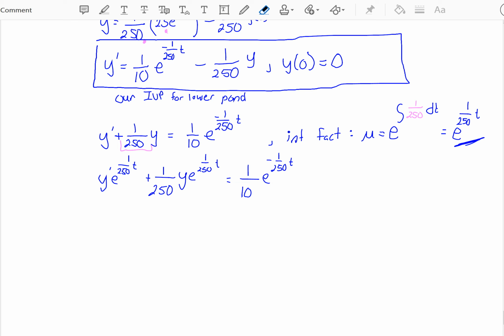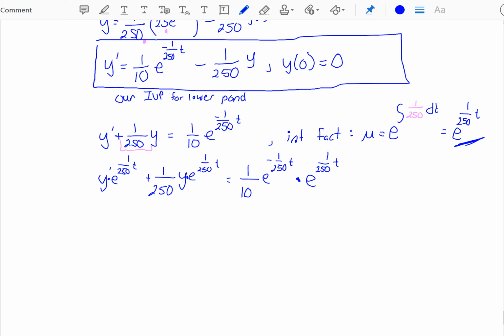Now on the right-hand side, be cautious. On the right-hand side, there is your original right-hand side, which was negative 1/250th t, but our integrating factor has a positive 1/250th t. So this is what it looks like when we multiply by our integrating factor.